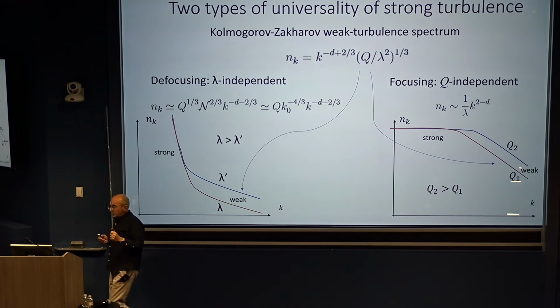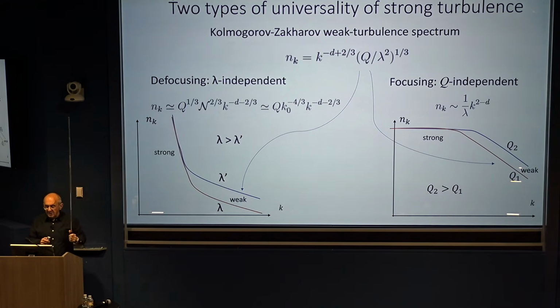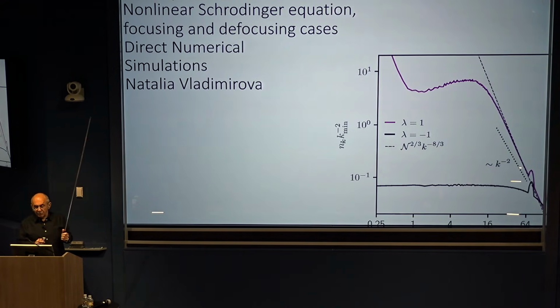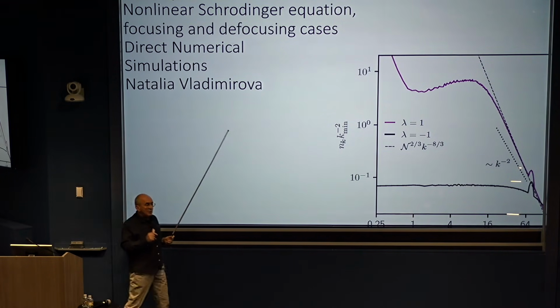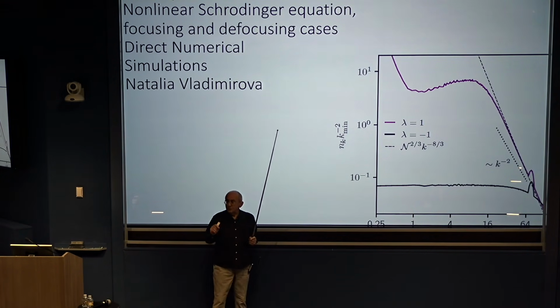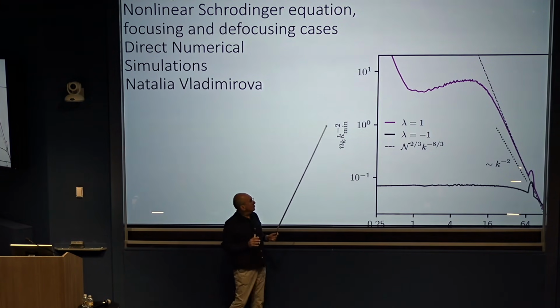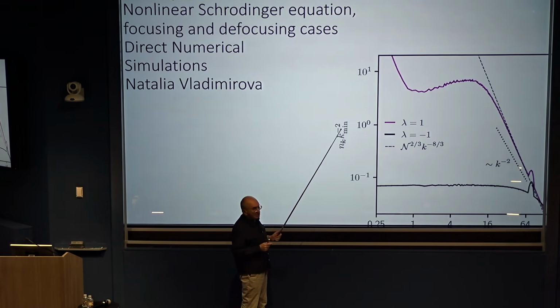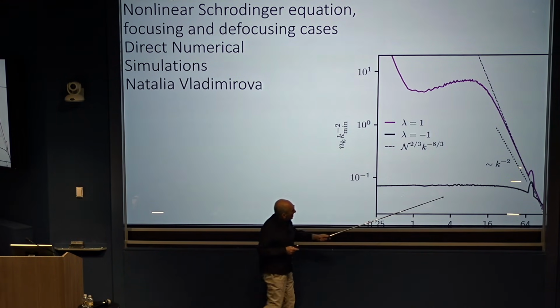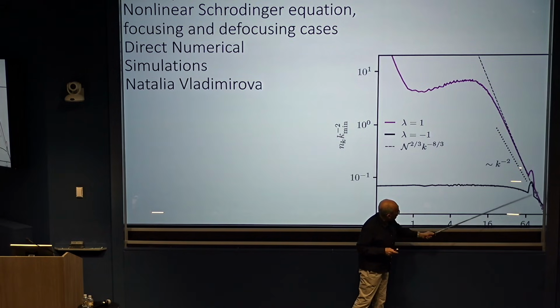So that's our prediction, and that's more or less these two universality classes, and those are direct numerical simulations of the one-component, usual complex scalar nonlinear Schrödinger equation or Gross-Pitaevskii equation, done for both focusing and defocusing cases. And that's weak turbulence, which does not occupy much.